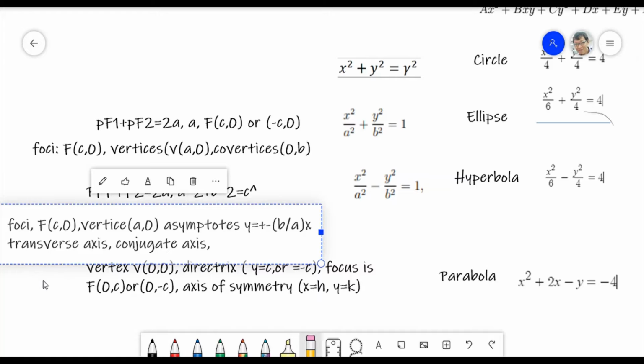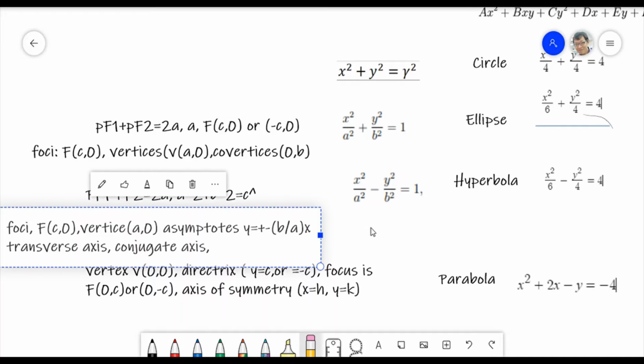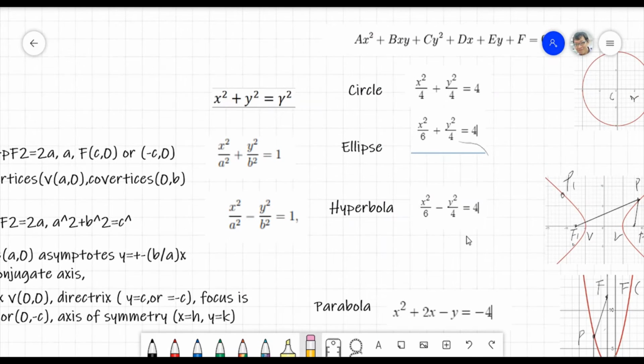Any other concepts? Okay, we also need to remember the transverse axis and the conjugate axis, and also the asymptote.